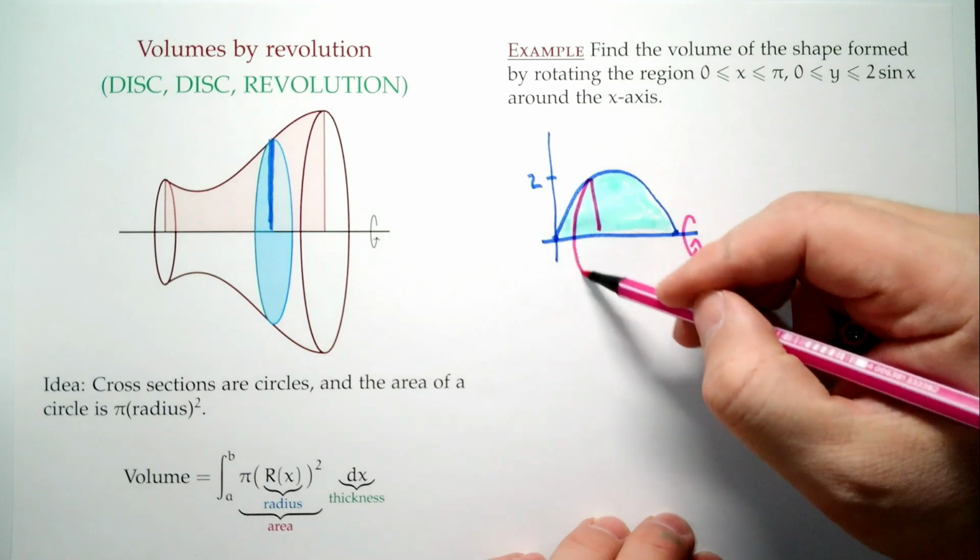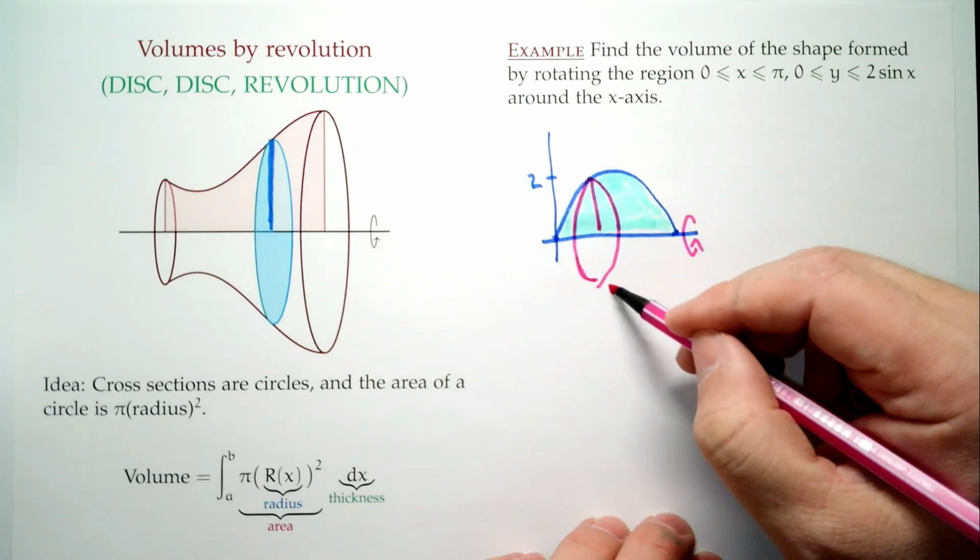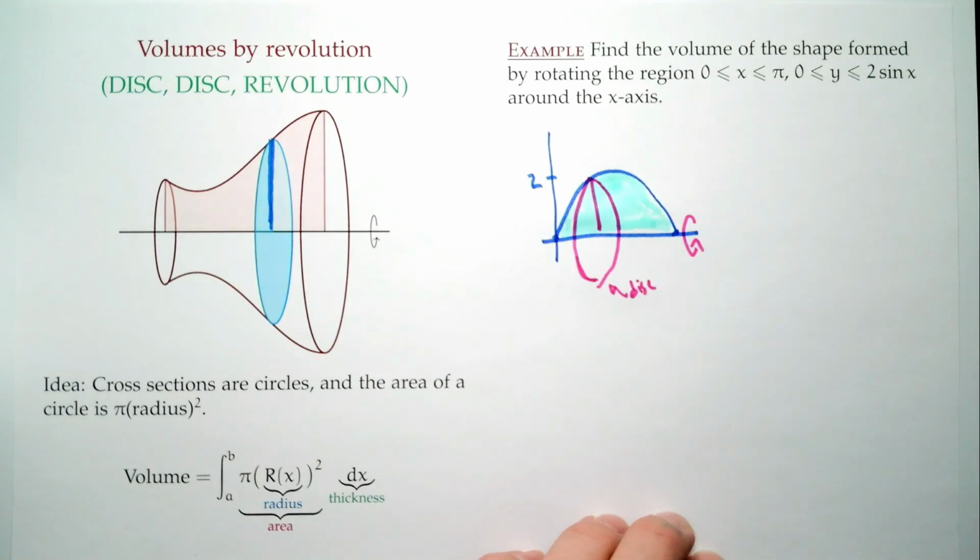And as I spin that around, I see, aha, I'm forming what I call a disk. So this is the disk method. That just helps confirm. This foreshadows that there might be another method. Well, come back next time, right? More to do. We still have more to do today. I'm just saying there are other options.